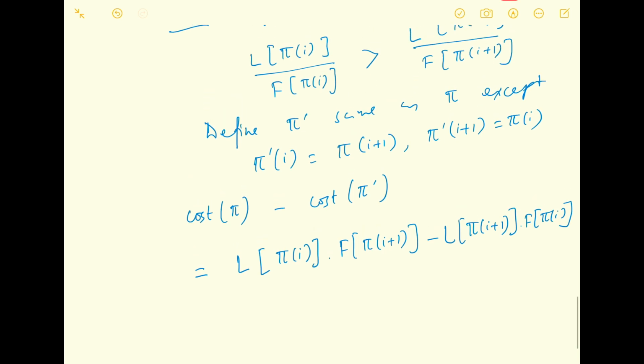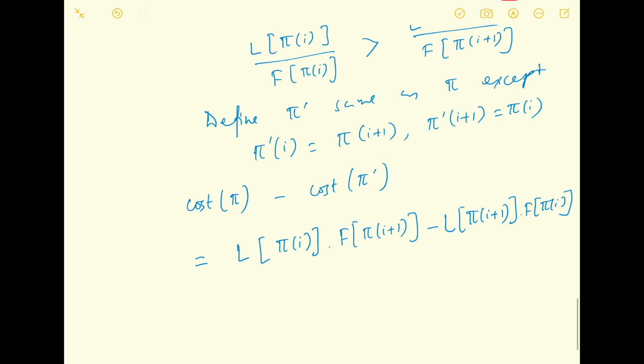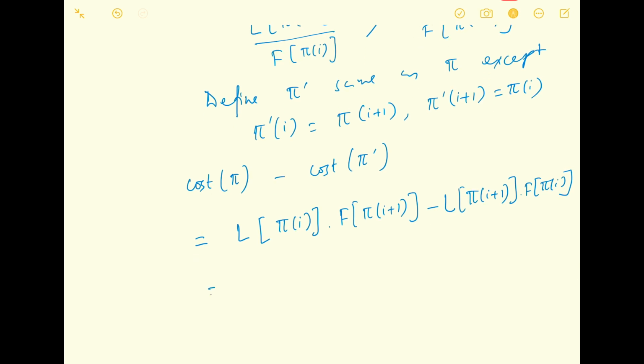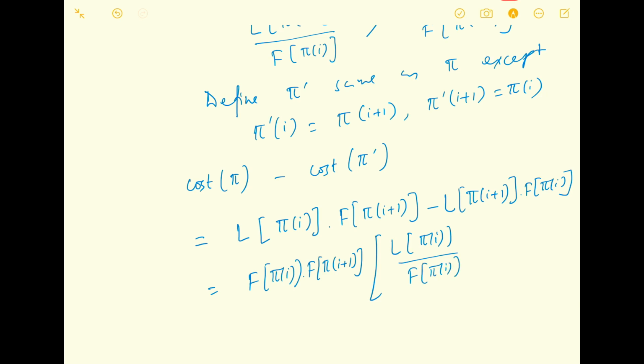Now what you can do from here is take f of pi i times f of pi i plus 1 common, and you can write it as L of pi i by f of pi i minus L of pi i plus 1 by f of pi i plus 1.